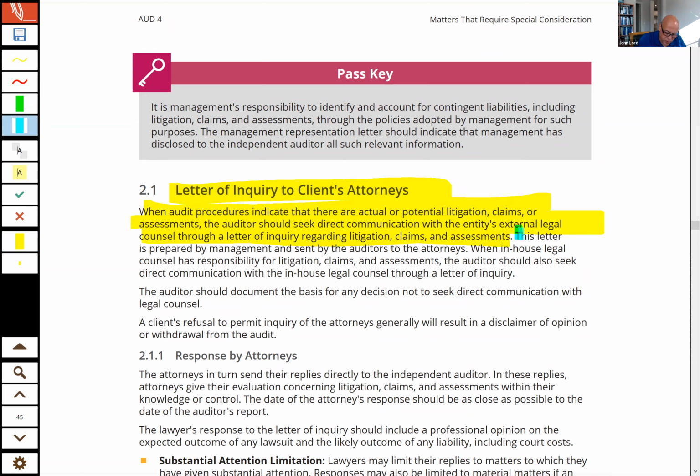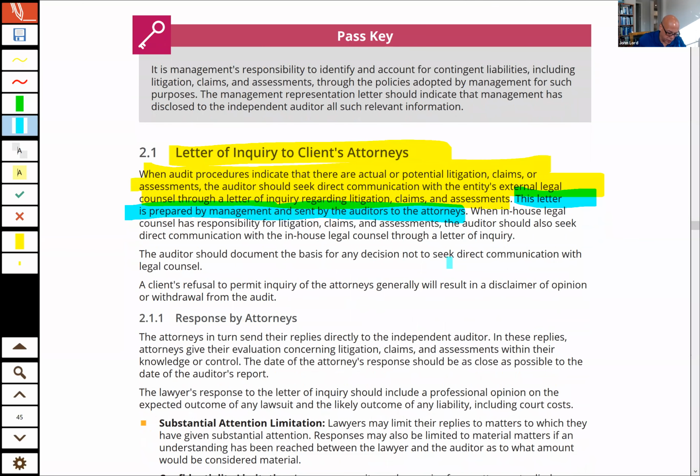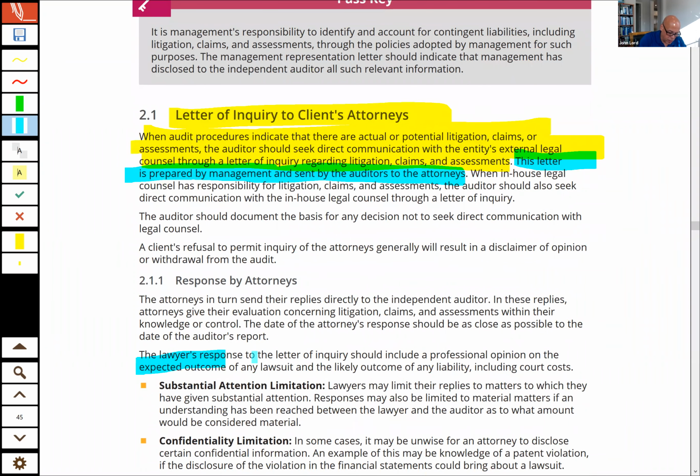Now, the letter that you're sending is prepared by management. The attorneys are not going to sit there and talk to you because of client-attorney privilege, right? So the letter is written from the client to the attorney asking for the disclosure of these issues, but the letter is mailed and then returned to the attorney by the auditors, okay?